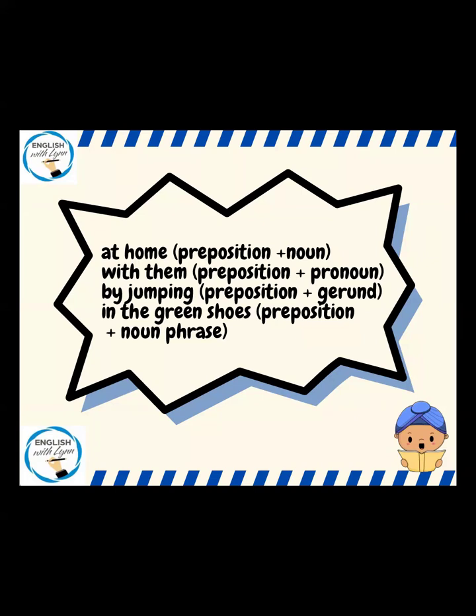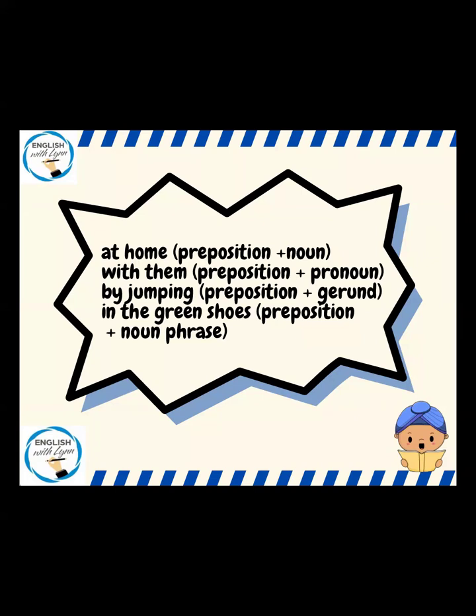Then you've got this idea here of a preposition with a gerund. A gerund is when we are using a verb that ends with ing, and we are using it as a noun in the sentence. So we could say that he won the race by running.